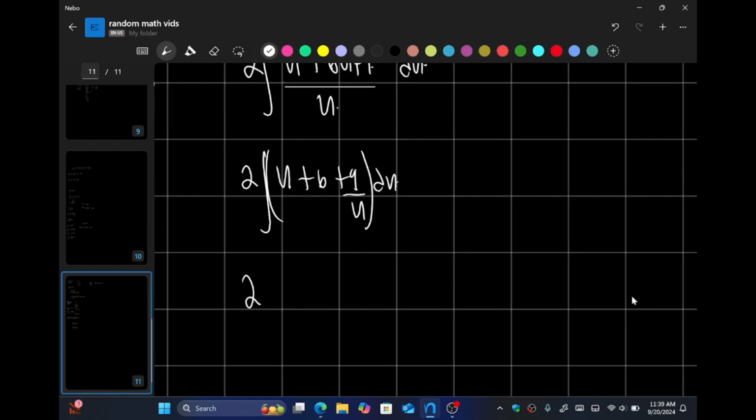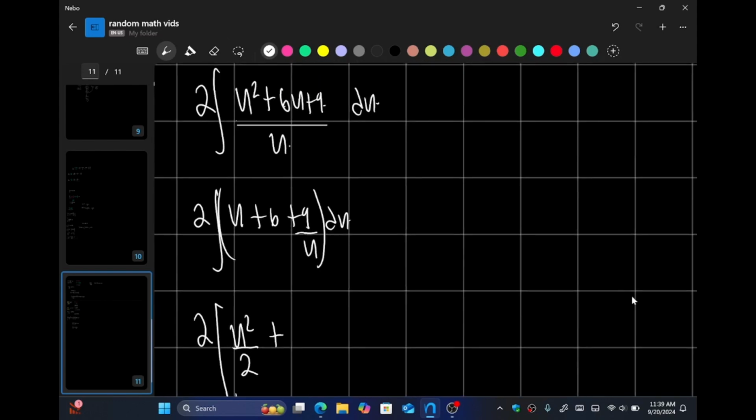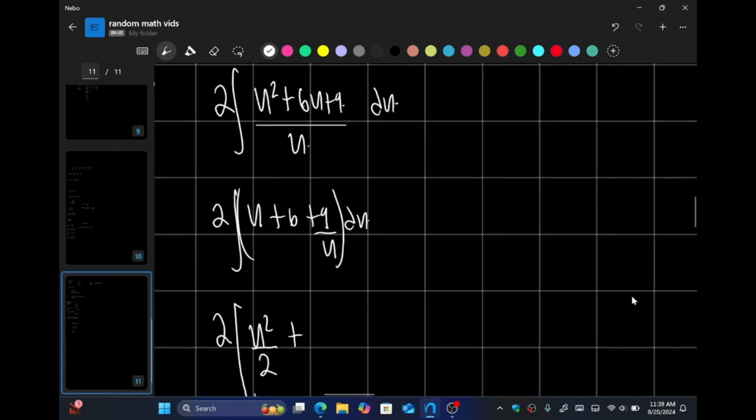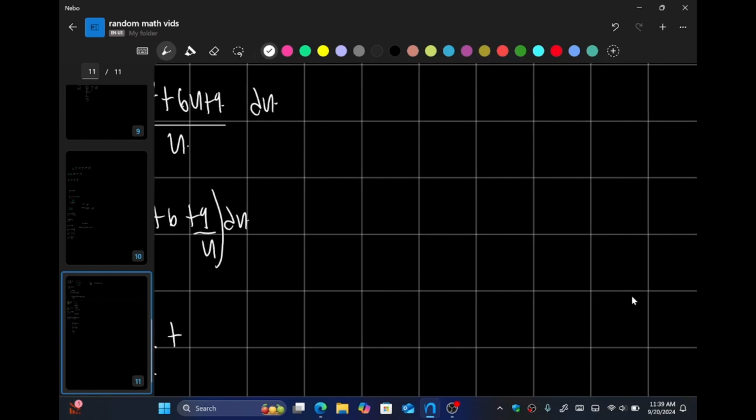Which is 2 times u squared over 2 plus, and so we're just doing power rule, guys. So remember that the integral of x to the n dx equals x to the n plus 1 over n plus 1, plus c, such that n does not equal negative 1.